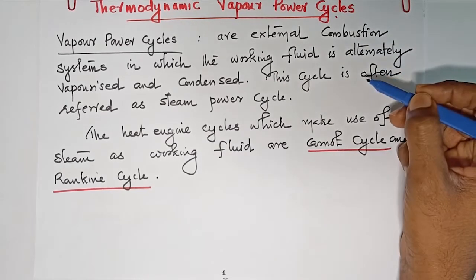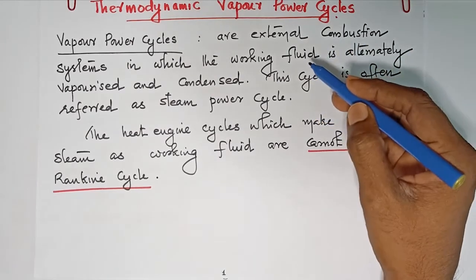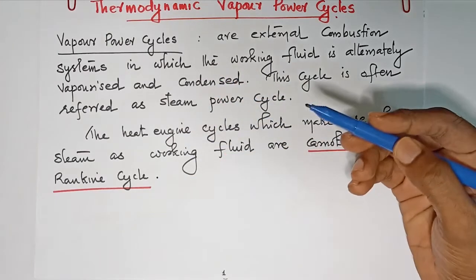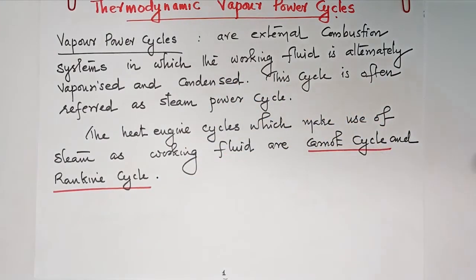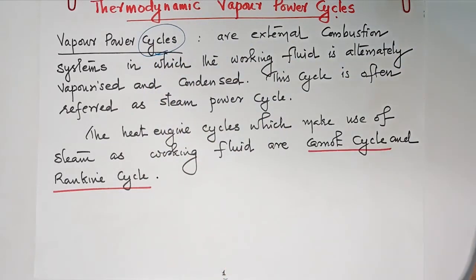Condensed means the vapor is again condensed into liquid. The liquid is again vaporized, and again it is condensed. So it is a cyclic process. That is why the word cycle comes.